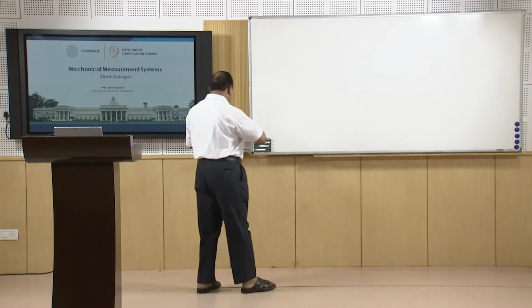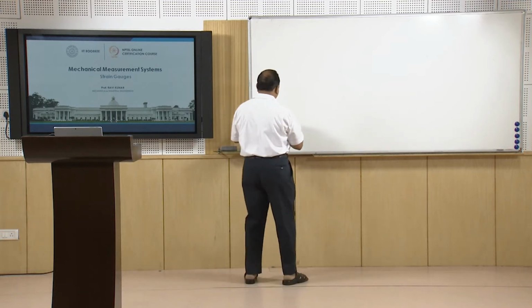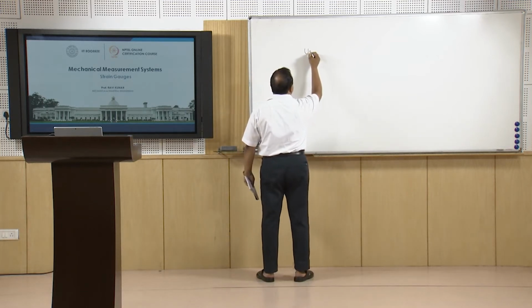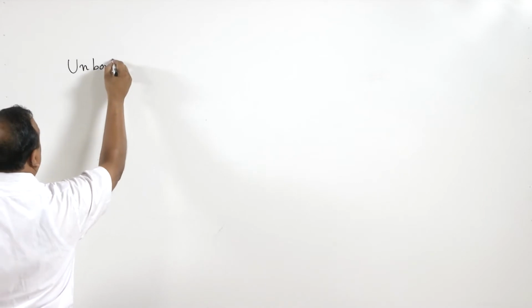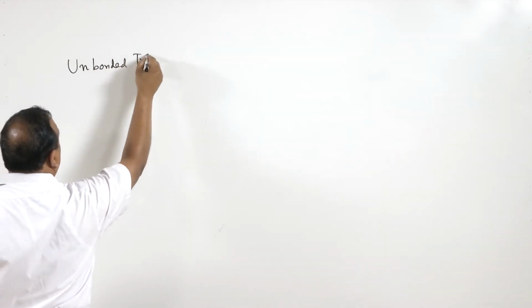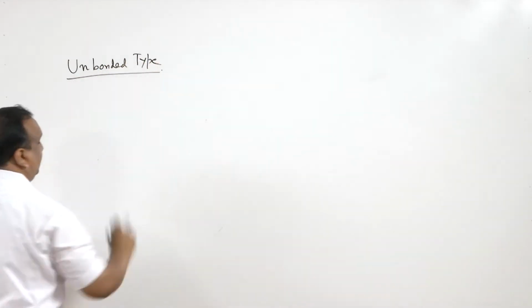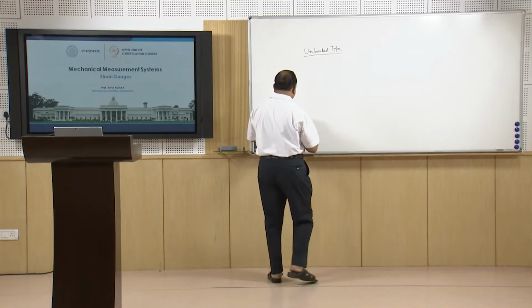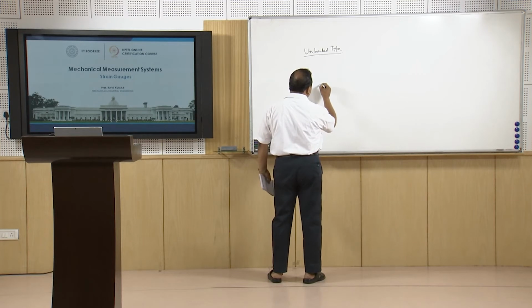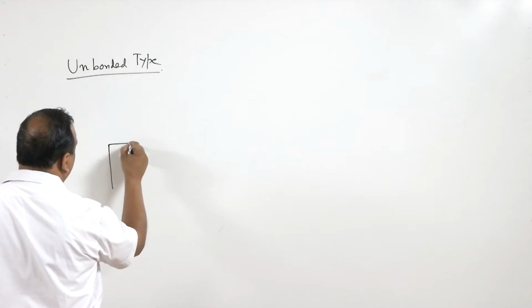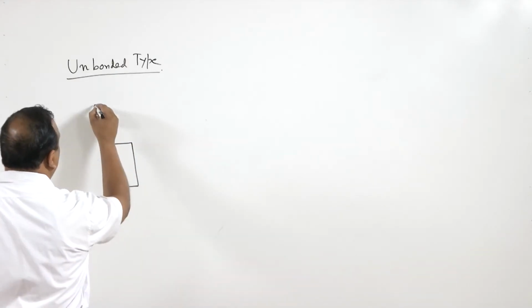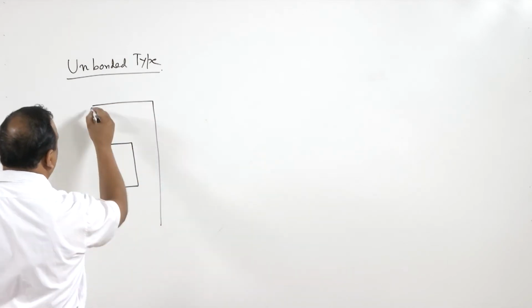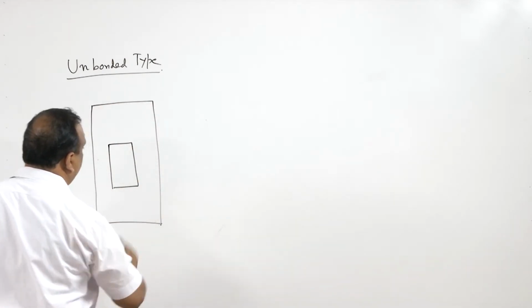So, we will start with the unbonded type of strain gauge. In the unbonded type of strain gauge, there are two frames.